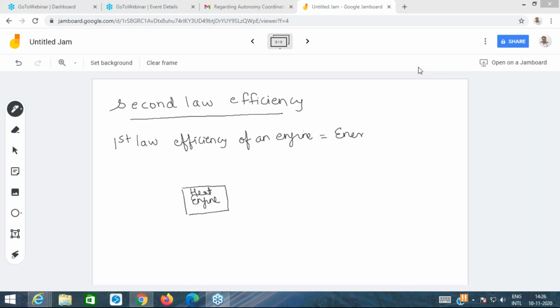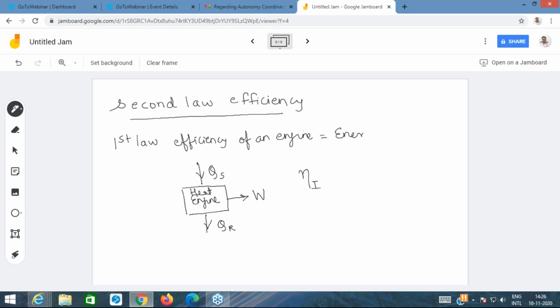Okay, the first law efficiency for a heat engine is the energy output, which is work, upon the energy input, which is heat. The energy output of the heat engine upon the energy input to the heat engine.